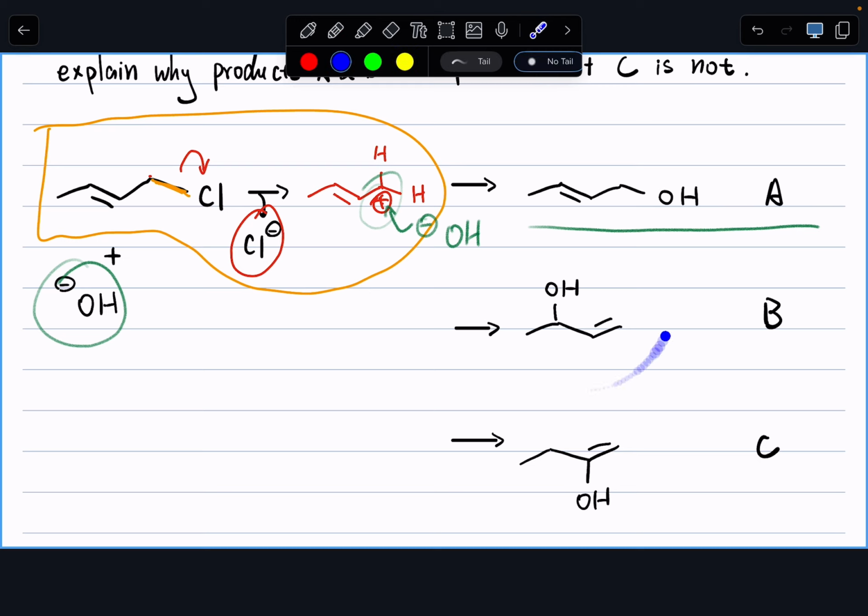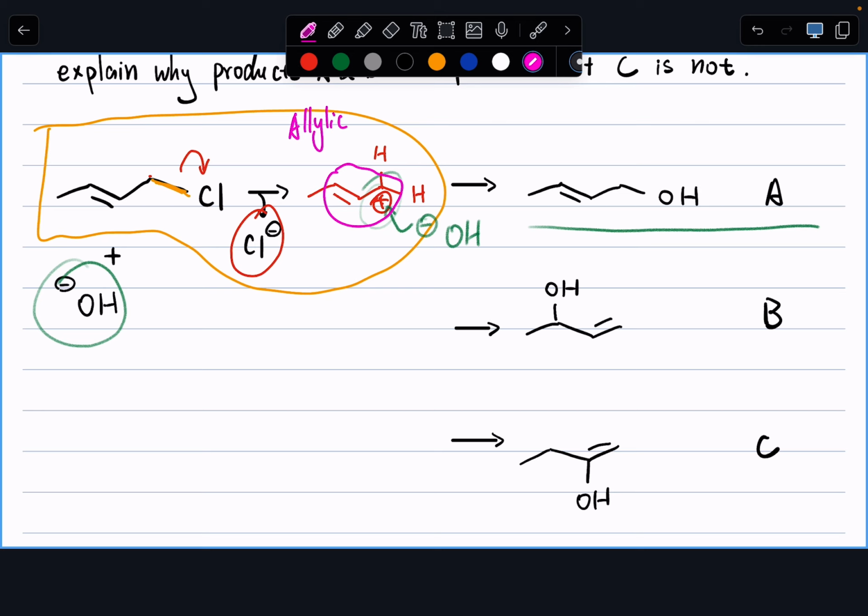What about product B? Why are we forming product B here? Yes? To form it using resonance? Right, so we can use resonance, or we can use what we just described. In here, we have an allylic system. That positively charged carbon is right adjacent to that double bond.